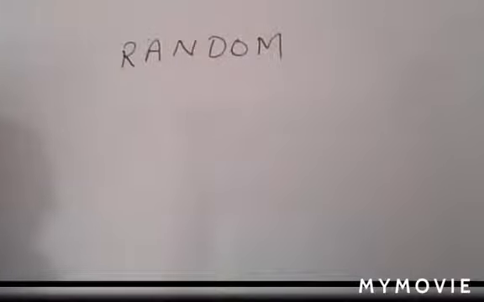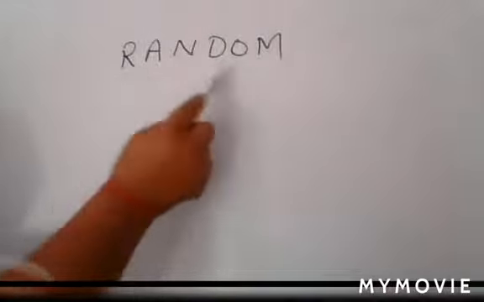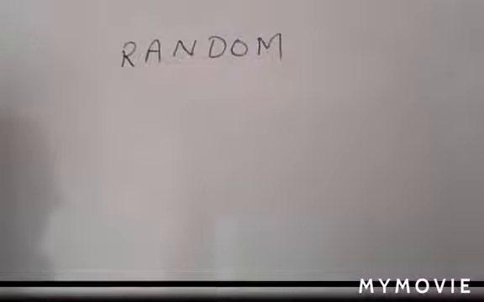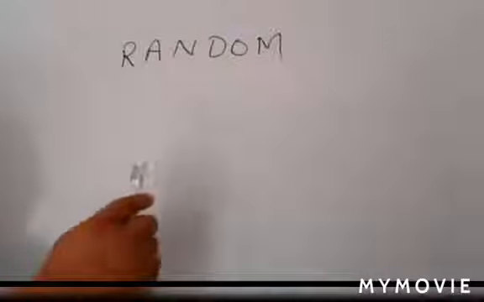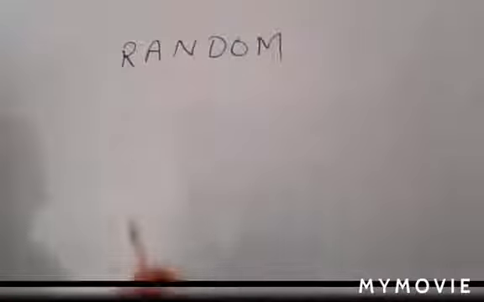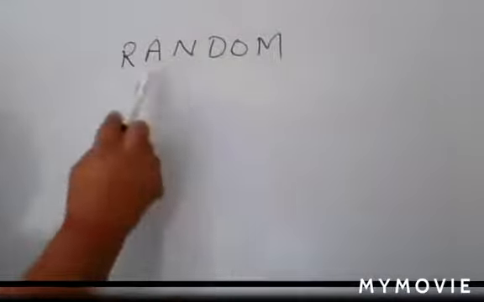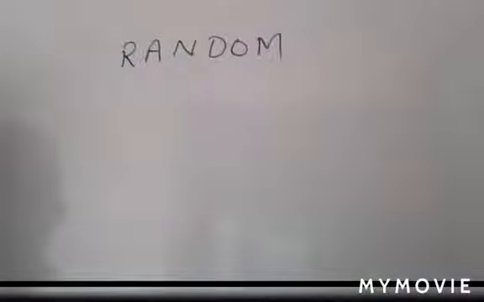It means if you arrange all the letters of this word as in a dictionary, in alphabetical order, then at what position is the word random? That number is known as the rank of the given word. Understand? So how do you solve this type of question?